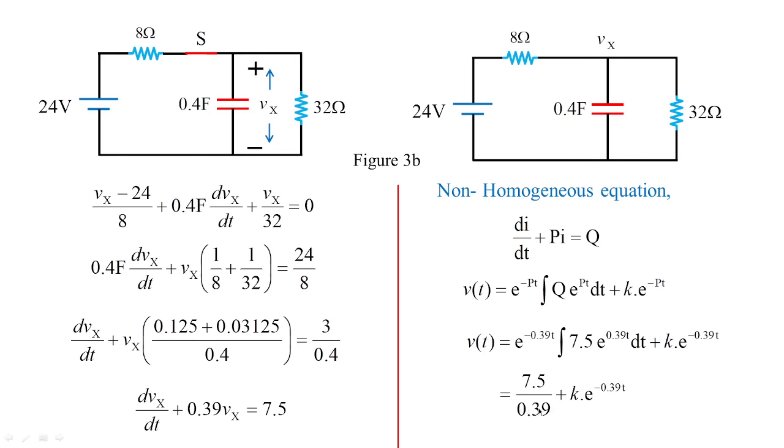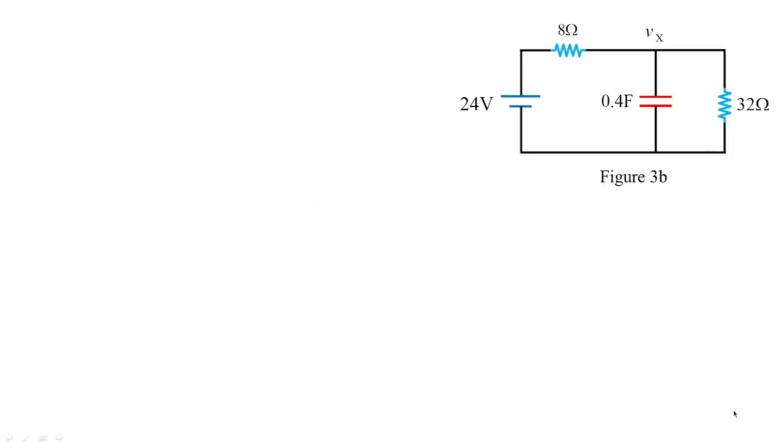So 7.5 divided by 0.39 plus k e to the power of minus 0.39t. Now this can be further simplified, that is 7.5 divided by 0.39 as 19.23 plus k e to the power of minus 0.39t. Now k can be obtained from the initial conditions.